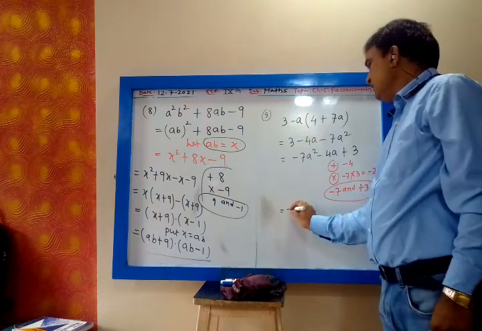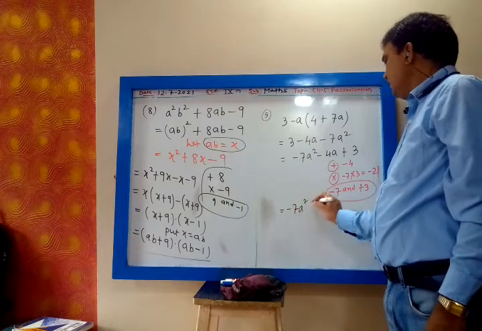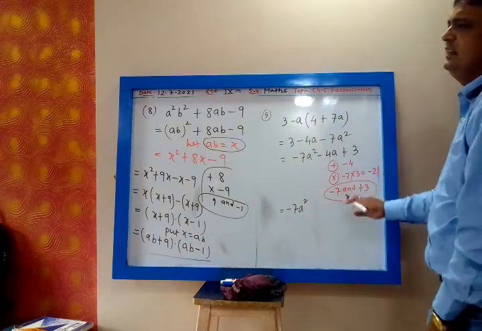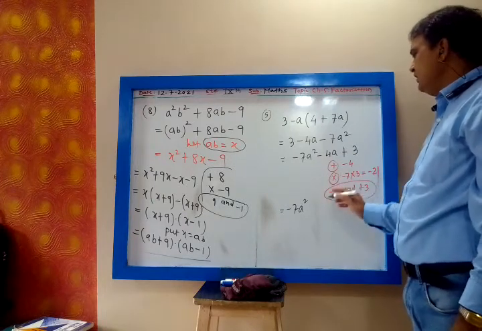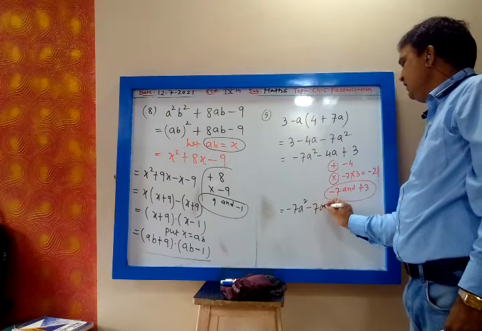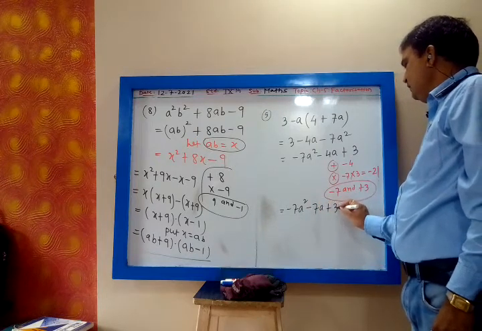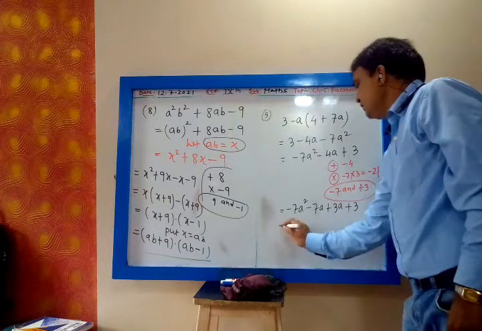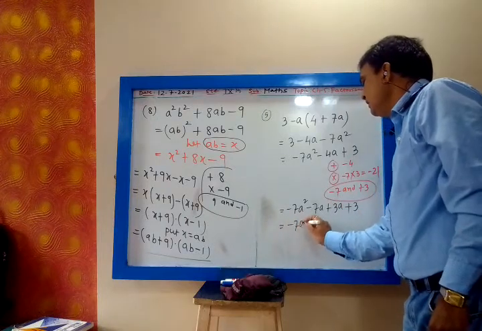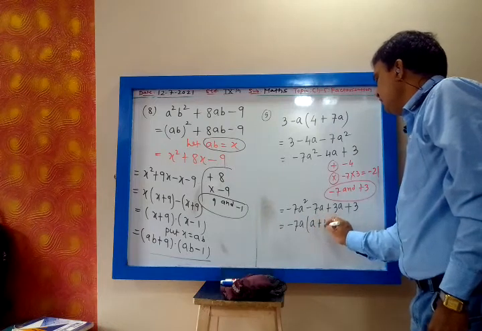So this I will write minus 7a square. This I am writing for all of your understanding, you can write directly. Minus 7a, plus 3a plus 1. So minus 7a is common, then it is a plus 1.